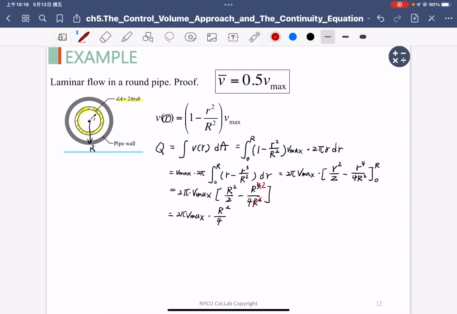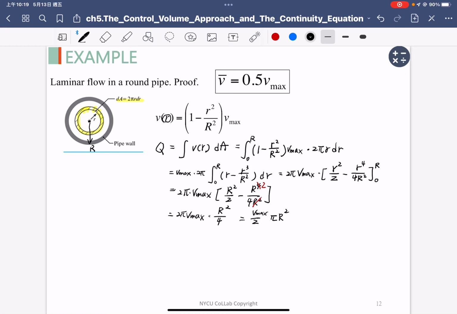So you just balance the equation. Finally we only have R squared over 4. So that will equal to V maxima and pi R squared over 2.